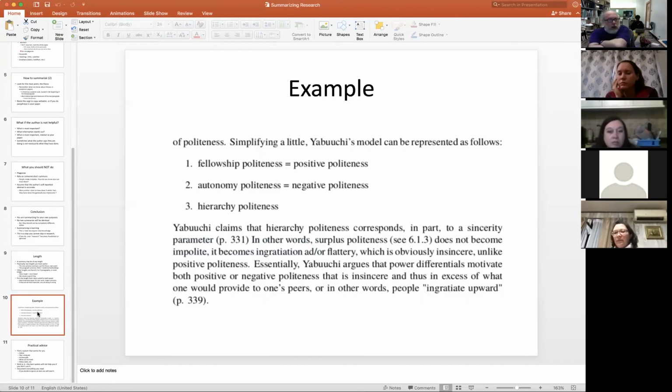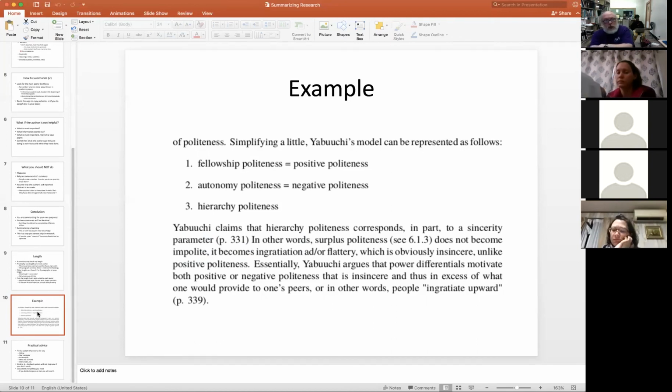So here's an example that I literally yanked from the book that I'm writing right now, because I thought, oh look, I've done quite a paradigmatic job of summarizing. So here I'm summarizing a paper by Yabuchi, and I say, simplifying a little, Yabuchi's model can be represented as follows: fellowship politeness, autonomy politeness, hierarchy politeness, right?